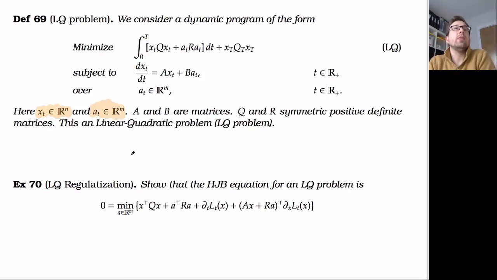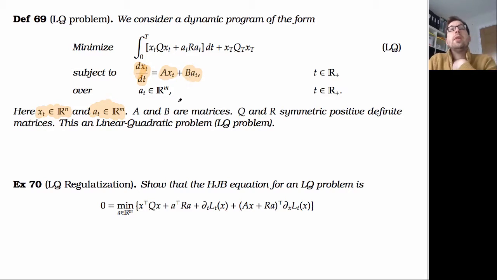The way the state evolves is that the change in the state is given by a linear function of the current state plus a linear function which our control applies. We can think of that as applying some sort of force, or doing some repositioning and change of direction for the current state.